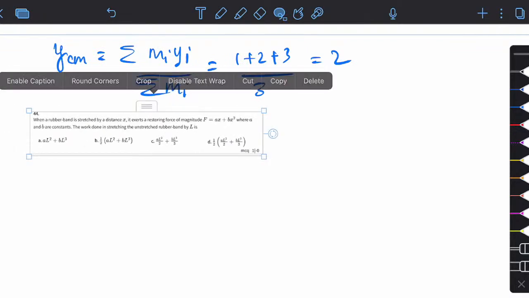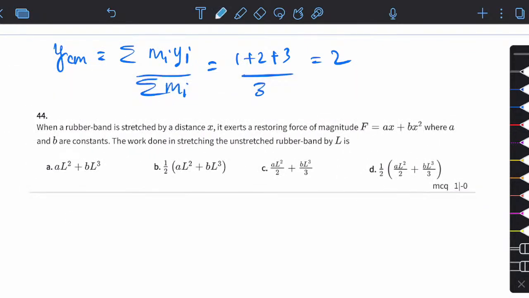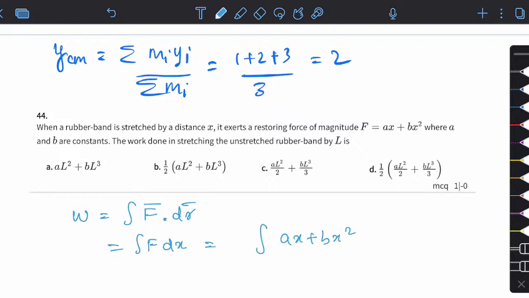What is the definition of work done? Work done is the integral of F dot dr. This is the definition. Now since this is a one-dimensional problem, there is only x here, so we need not worry about other components. So we just write F dx. Now what is F? F is ax plus bx square. So we have to integrate this with respect to x.